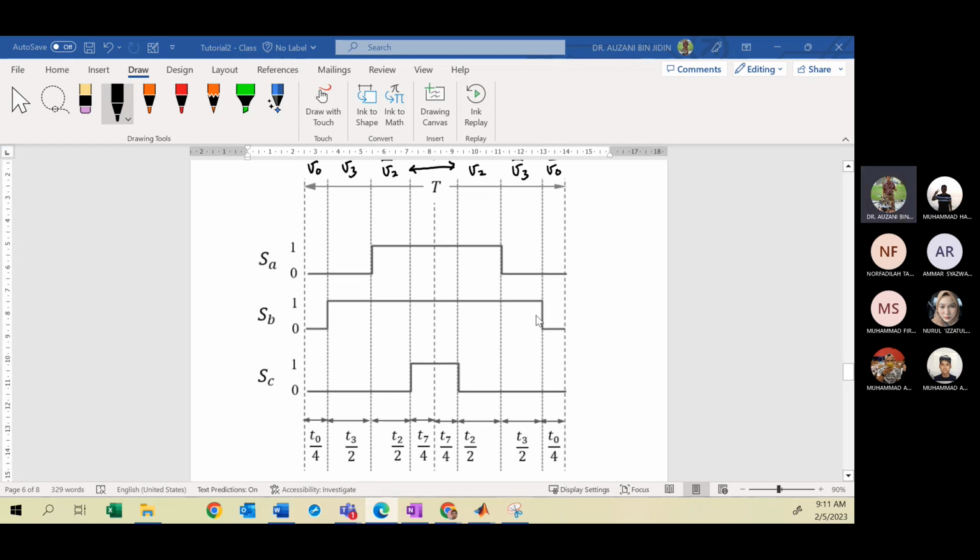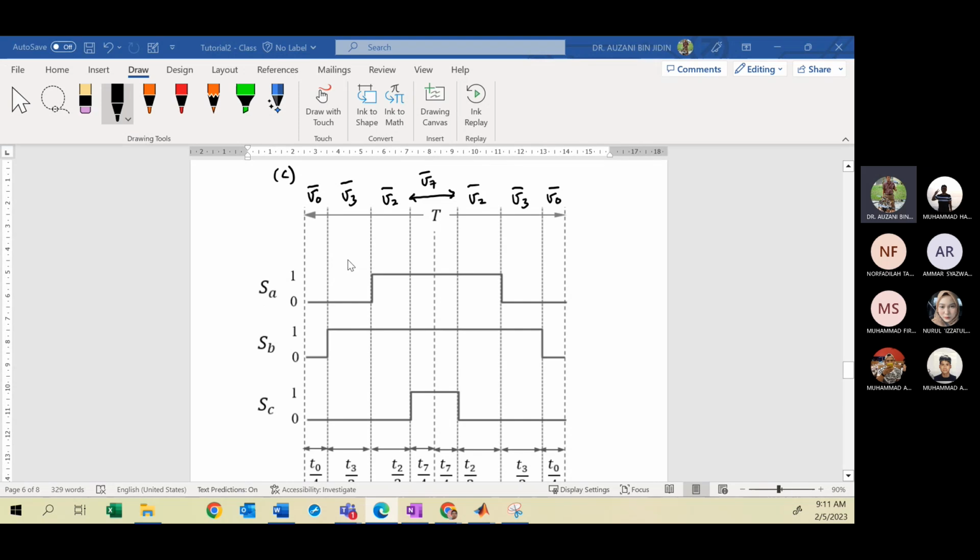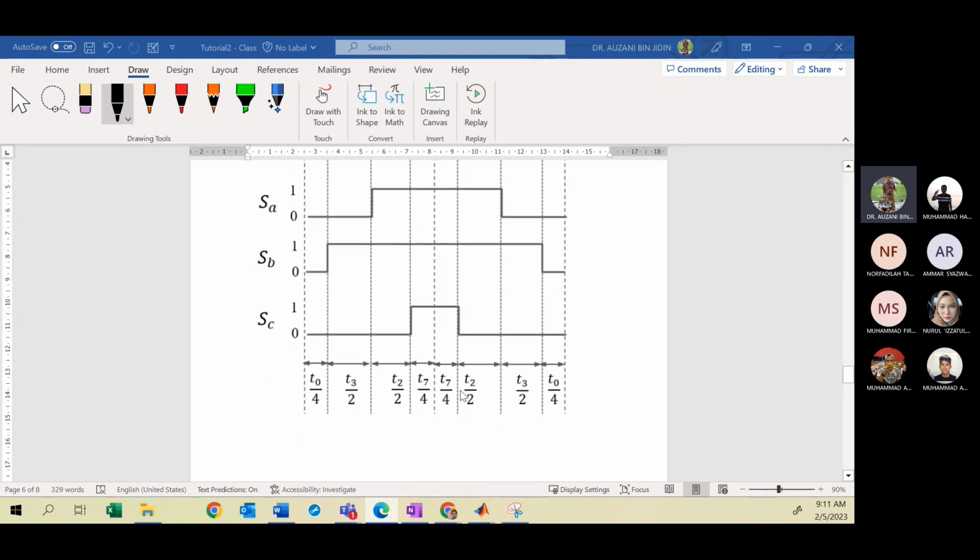So this is the way to answer question part C. So remember to completely label and sketch the waveforms. Include the timing information, so don't forget to put the time information here.